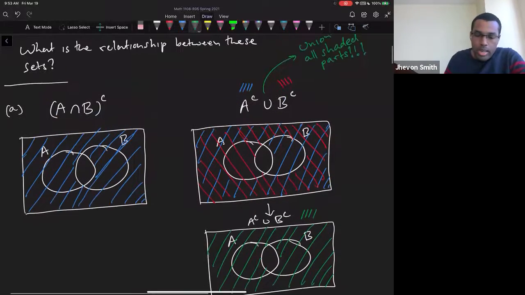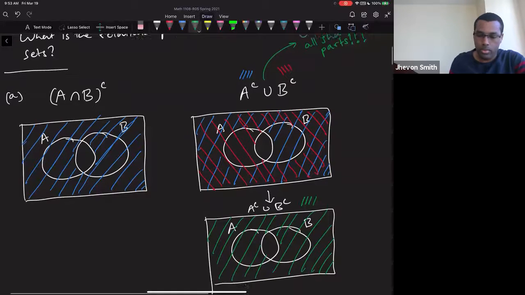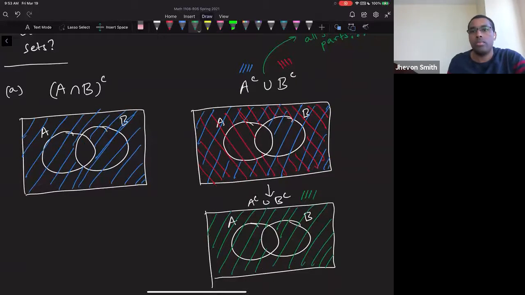So that being said, what would you conjecture for these two sets? A intersect B complement and A complement union B complement. How do they relate to each other? What's the relationship that you would guess from these pictures?